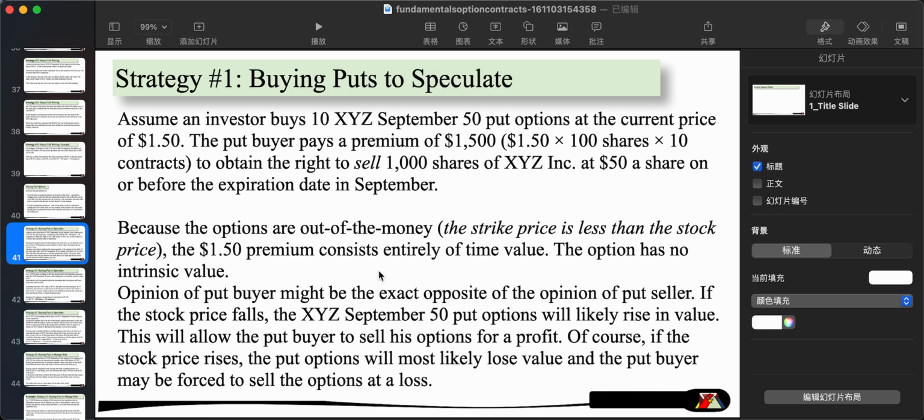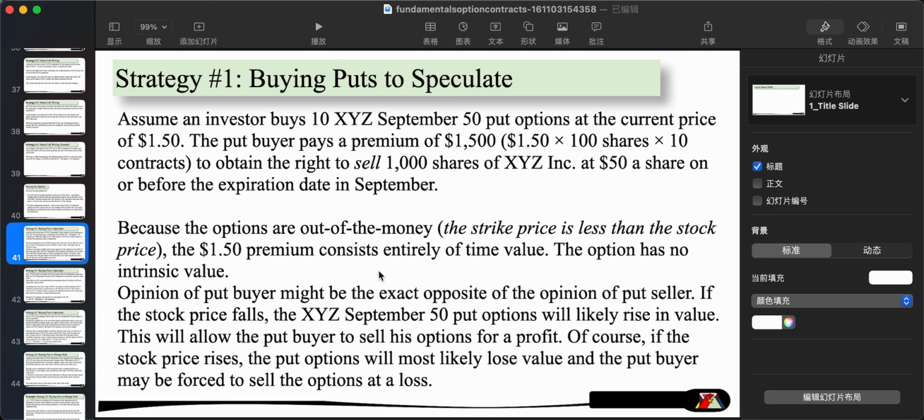So here is a strategy to buy puts to speculate. That means you are trying to buy puts to bet on the downward movement, the fall of the stock price. So assume an investor buys 10 XYZ September 50 put options at the current price of $1.50.